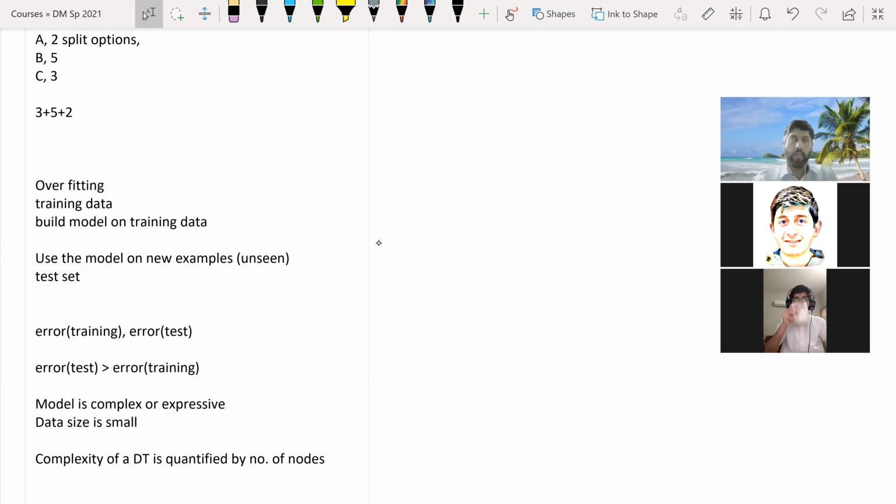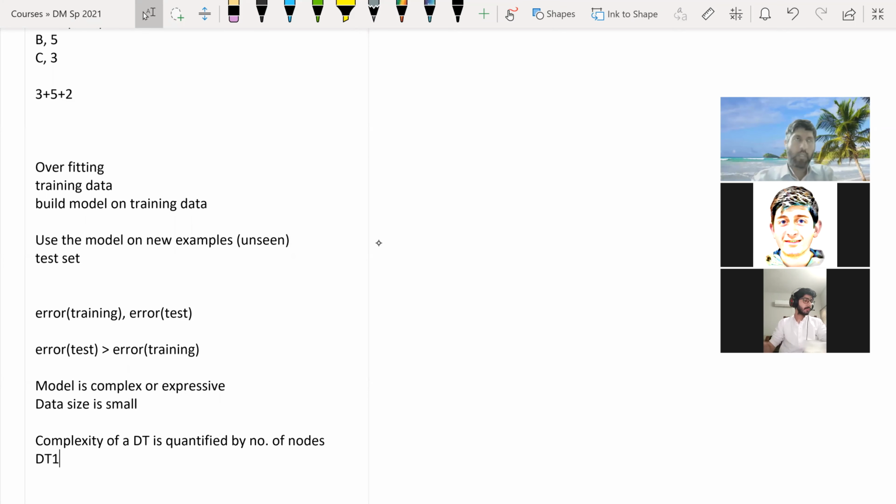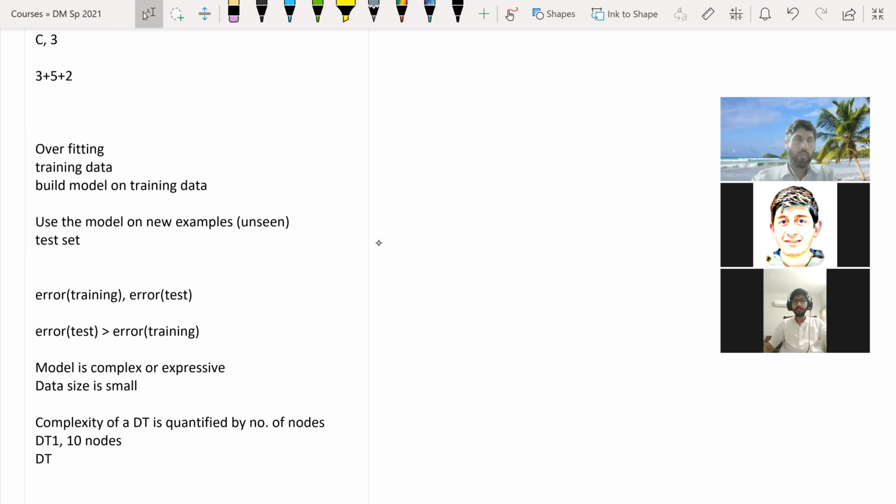So if you have two decision trees, let's say DT1 has 10 nodes and DT2 has 50 nodes, obviously DT2 is more complex, more expressive, and DT2 is more likely to overfit.